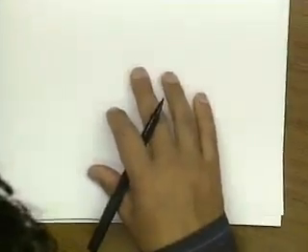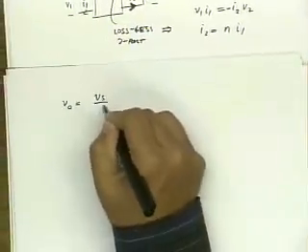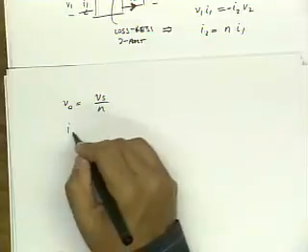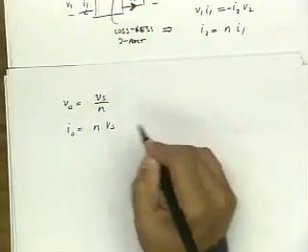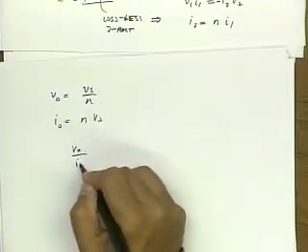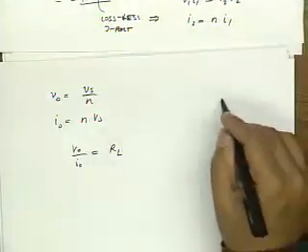So for our voltage divider, you might expect that because the output voltage is N times smaller than the input voltage, then the output current should be N times larger. So if I look at Vout over Iout, that's simply equal to RL. Redraw that here.